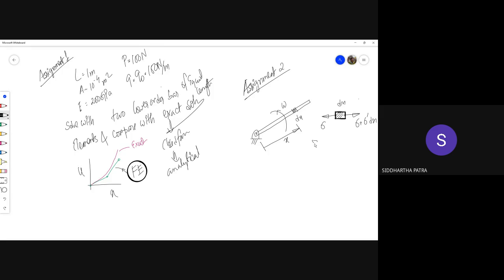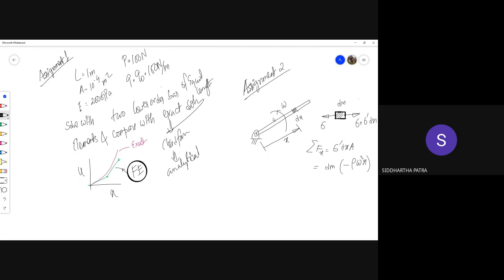So the summation of forces in x direction is sigma prime dx times A, and that should be mass, that is dm, times the centripetal acceleration, which is minus rho omega squared x.